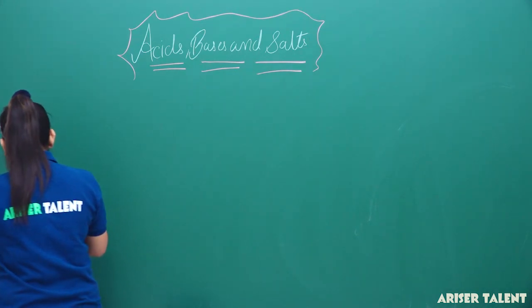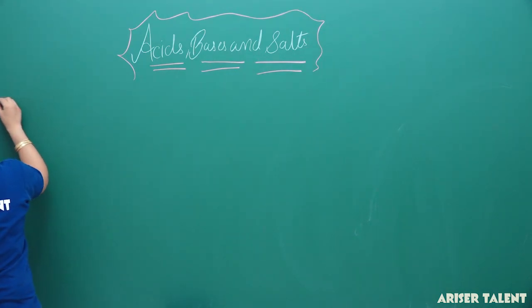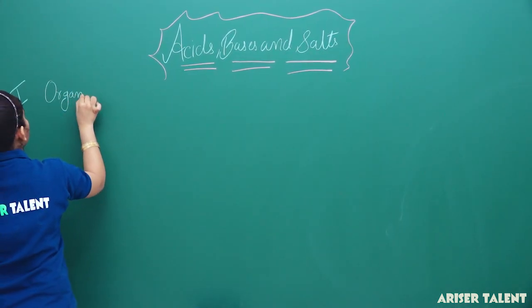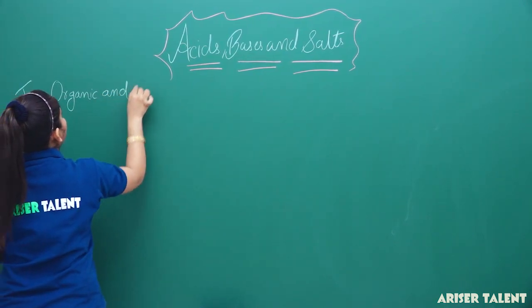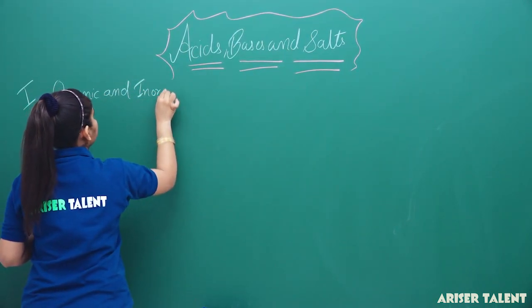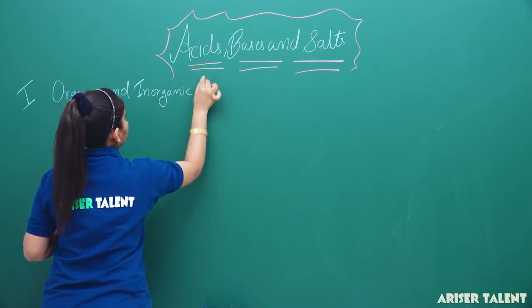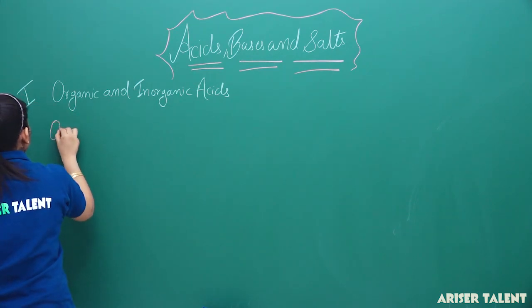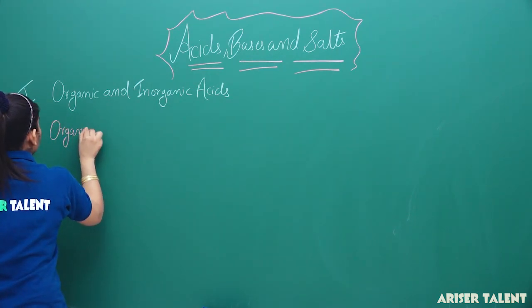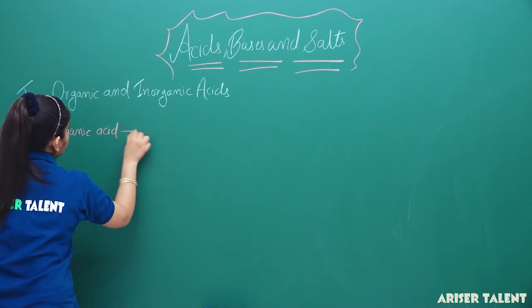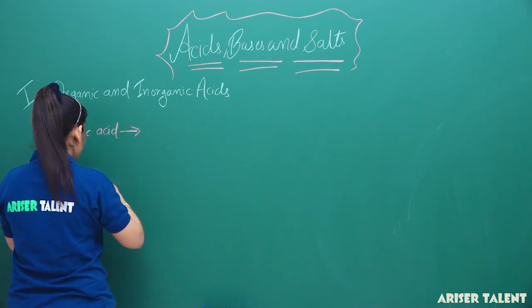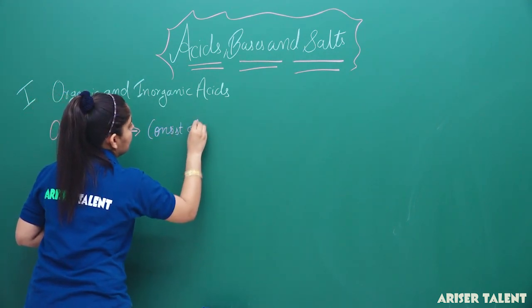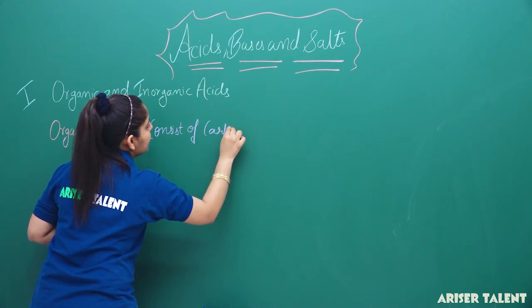So if I'm talking about our first category, that is organic and inorganic acids, we can say that organic acid mainly consists of carbon as a constituent.